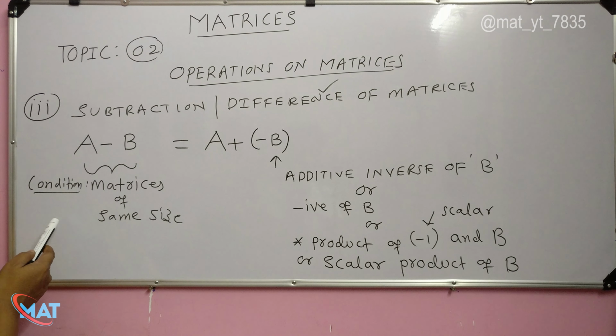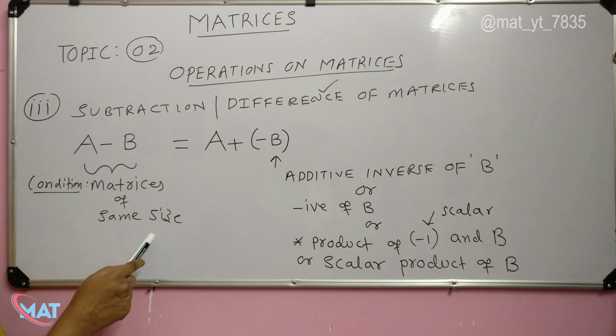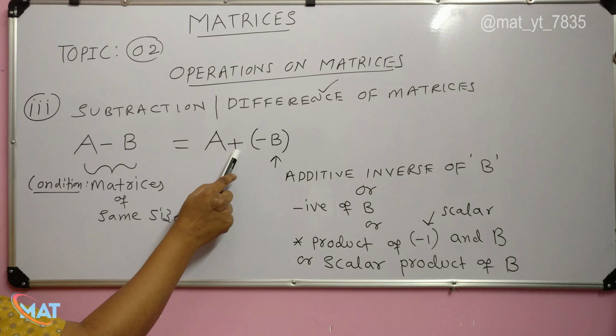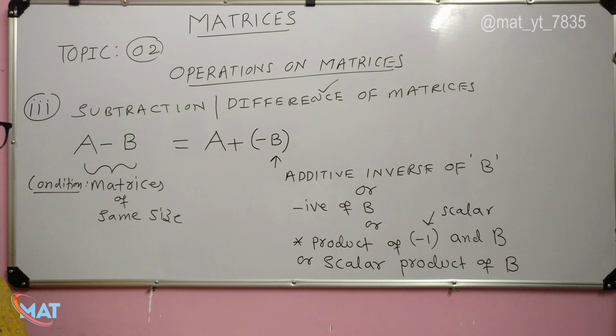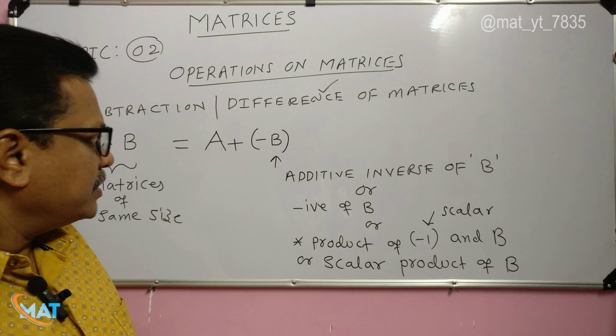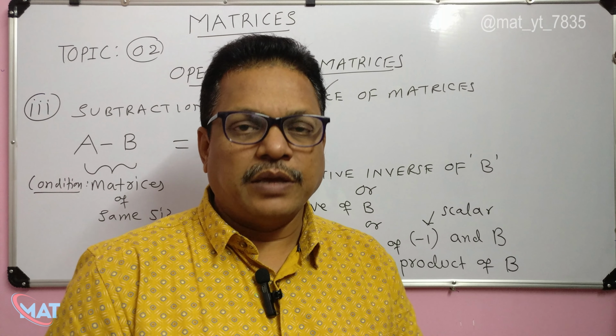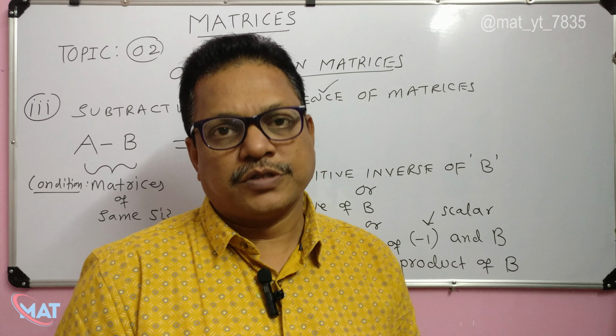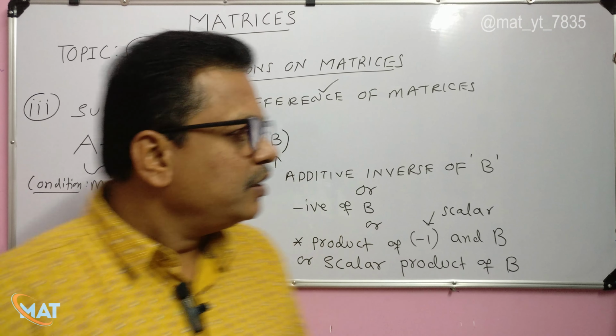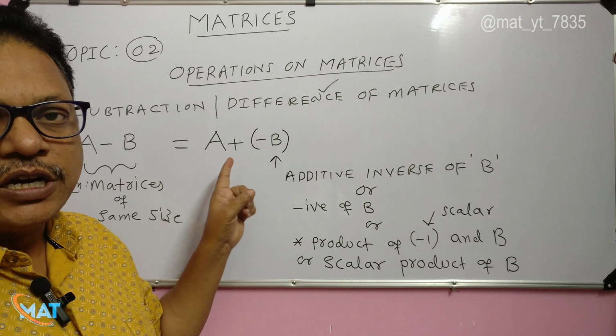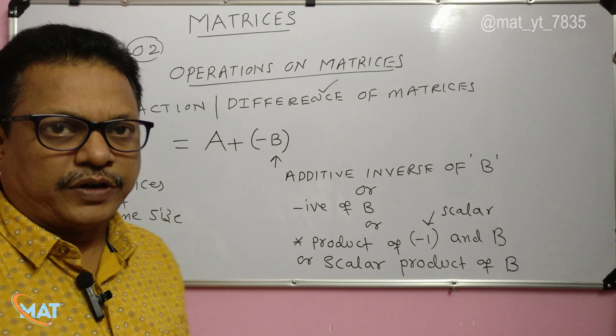The condition is that the matrices are of the same size, just like addition, because we're doing addition here. The condition to add two matrices is that the size of the two matrices must be the same, the same number of rows and columns. If they are different, just like addition is not defined, this is also not defined.